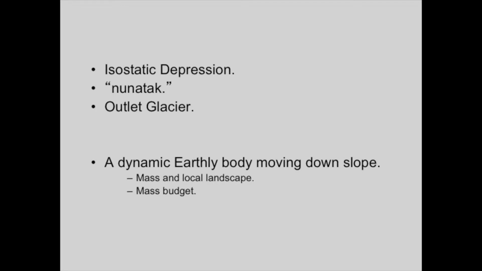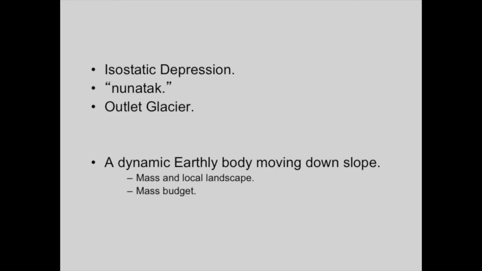So again, frozen streams that flow from the edges of continental glacial bodies in places like Greenland and Antarctica are outlet glaciers. They flow out from an ice sheet or ice cap, but are constrained usually by some sort of mountainous valley pass or by the water itself.